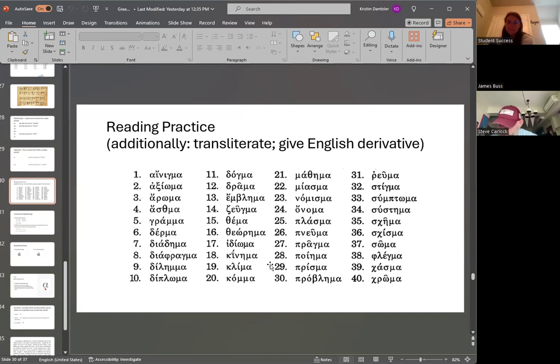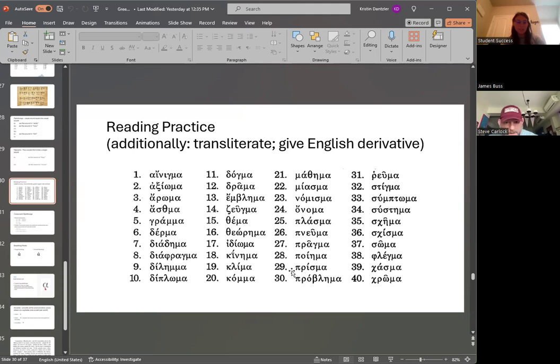Okay, so P, rho, iota, sigma. Is that a sigma? That is a sigma. Good. Eta and alpha.